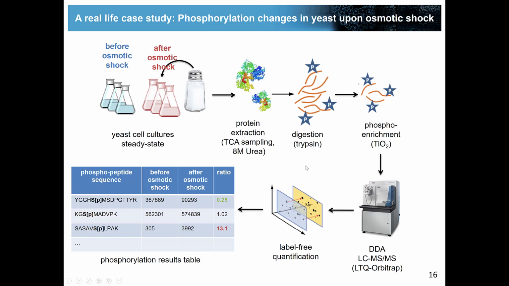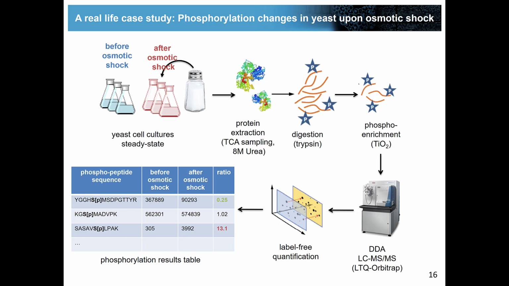I digested with trypsin at the time, enriched the phosphopeptides with titanium dioxide, and then I measured those samples in shotgun proteomics data-dependent acquisition mode on an LTQ Orbitrap. As a result, I generated this quantitative results table where I had different phosphopeptides in my lines, and different quantification values before and after the osmotic shock.